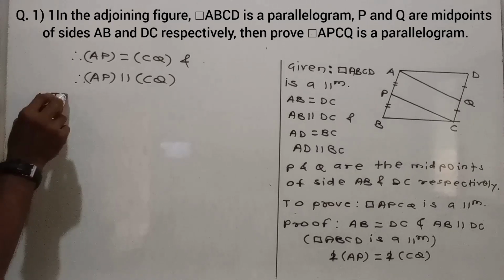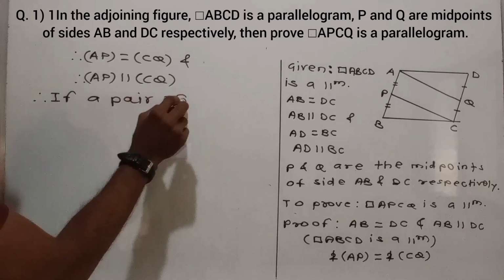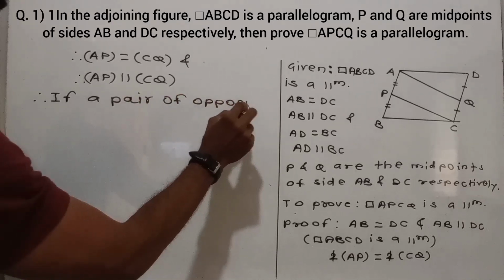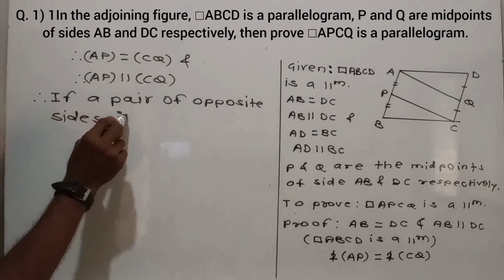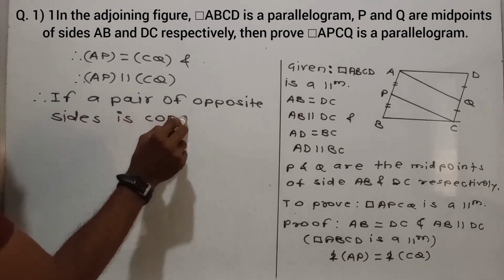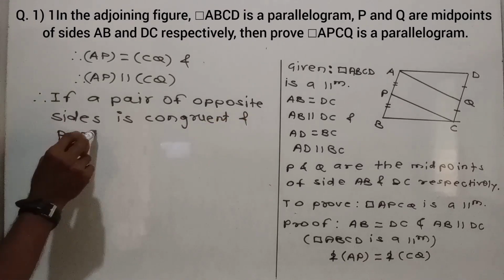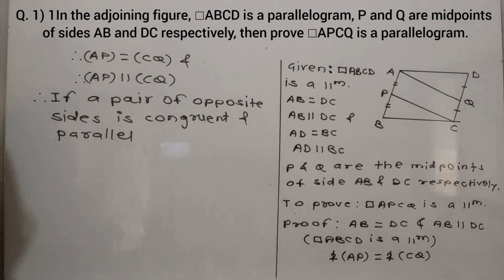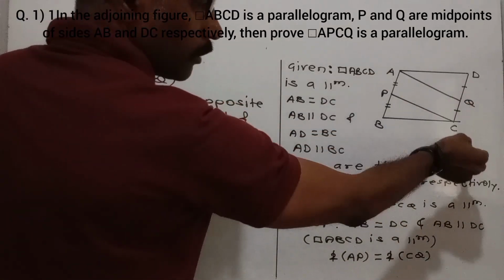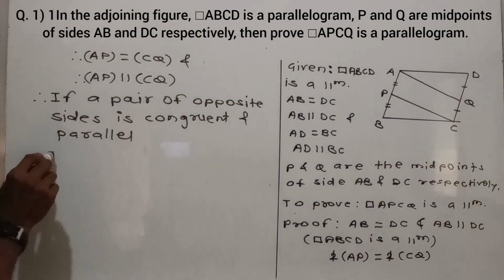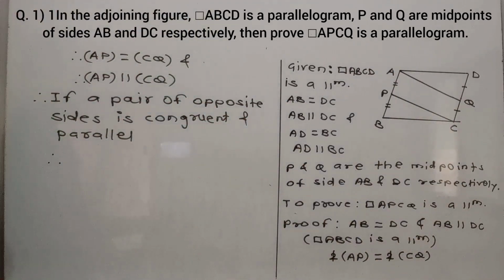Therefore, if a pair of opposite sides is congruent and parallel, then the given quadrilateral is a parallelogram.